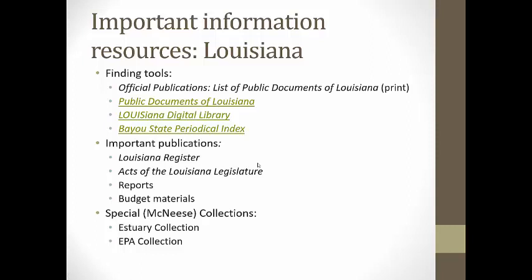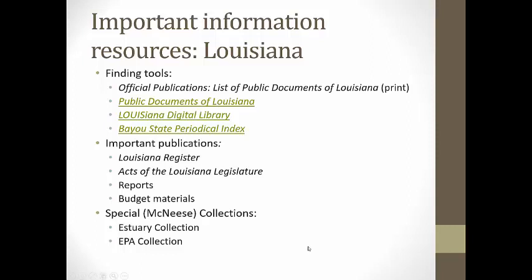Okay, other important Louisiana publications are the Louisiana Register. It's a monthly publication. It provides access to certified regulations and legal notices issued by the executive branch of state government.